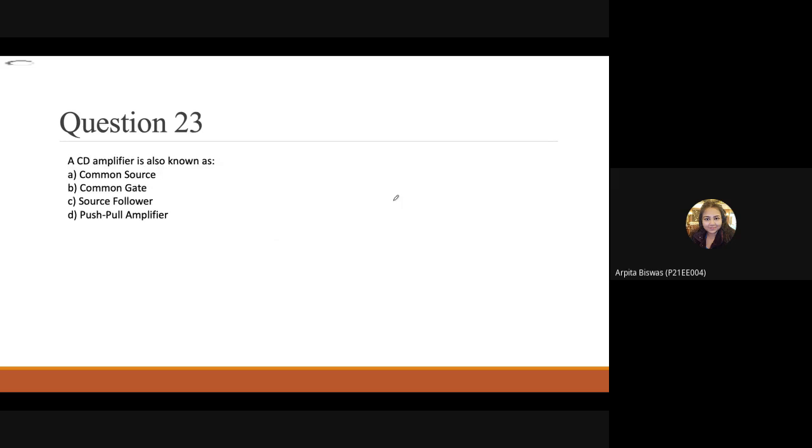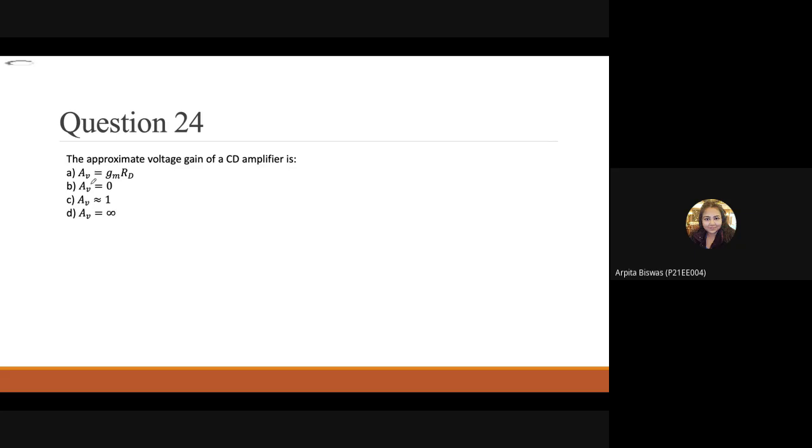Next, question number 23. A CD amplifier is also known as common source, common gate, source follower, or push pull amplifier? Source follower. Yes, source follower.